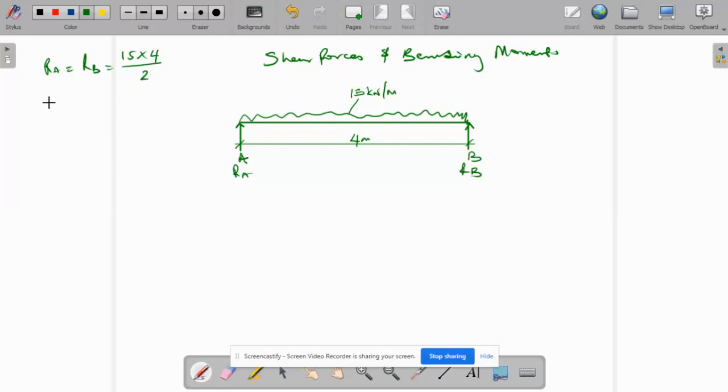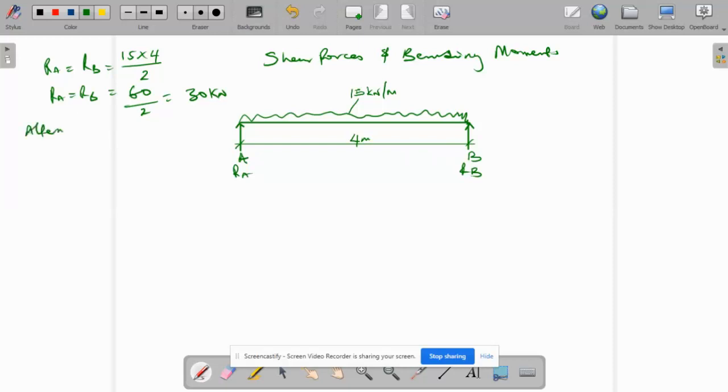So reaction A is equal to reaction B, which is 60 over 2, which is 30 kilonewton.